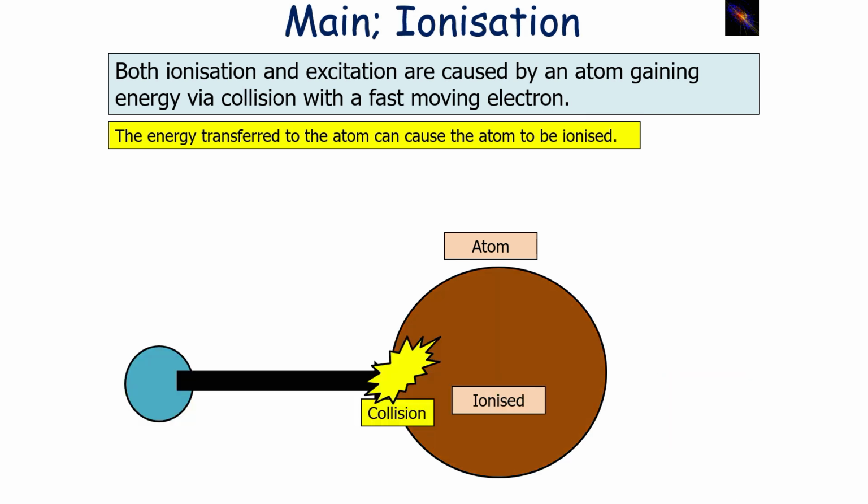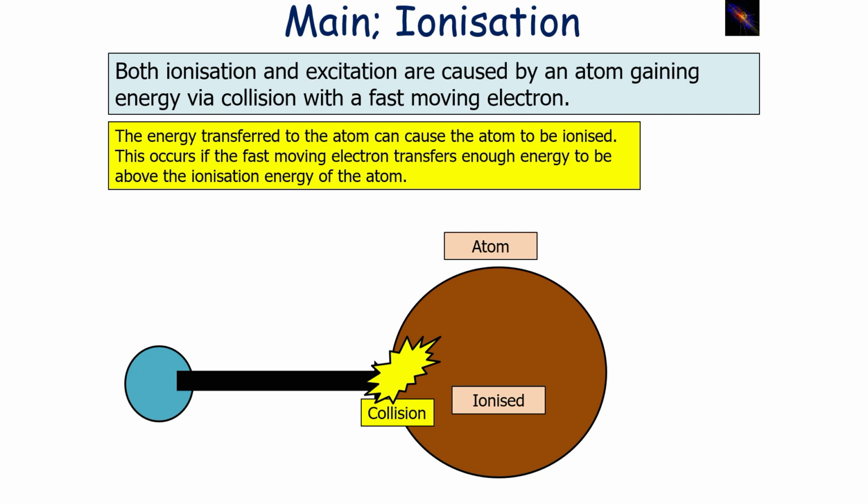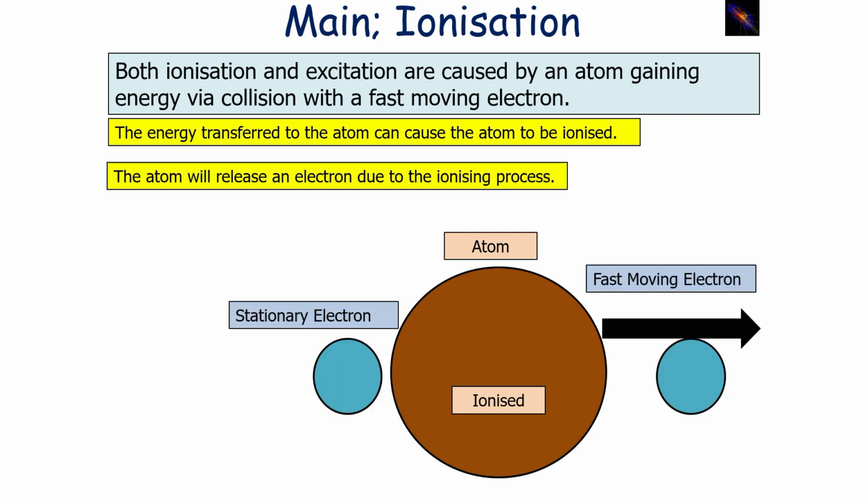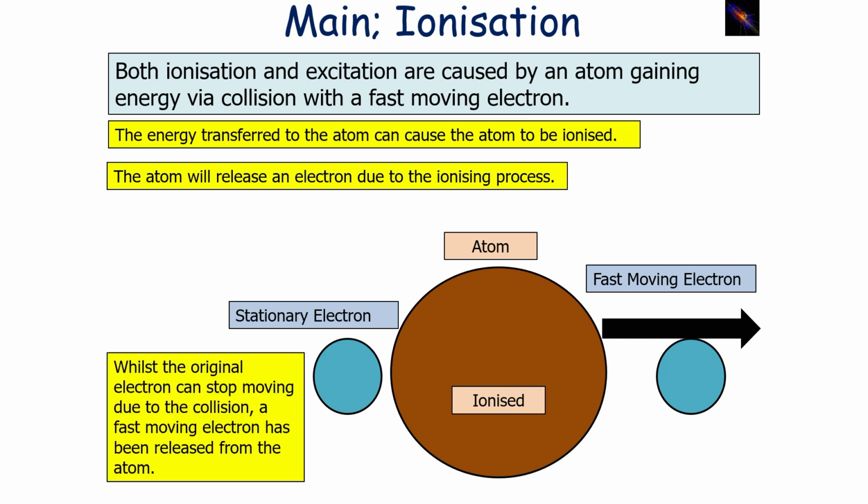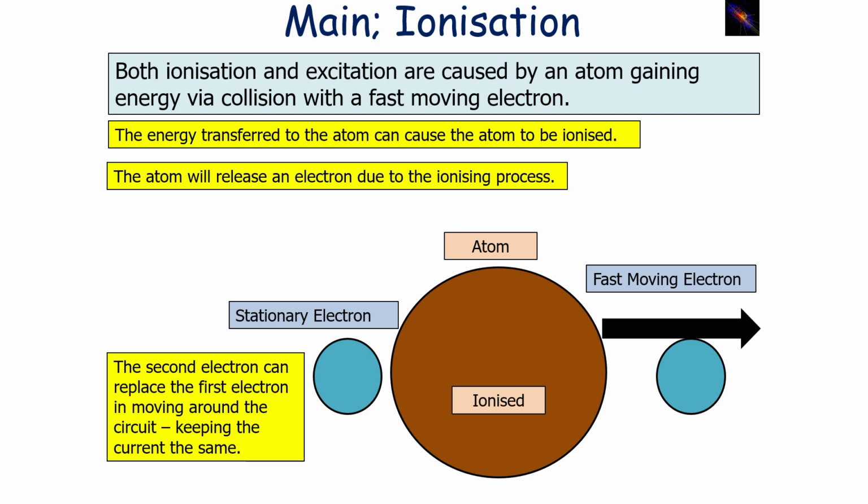Now, we can also have ionization in collision. Now, this occurs if the fast moving electron transfers enough energy so it moves above the ionization energy of the atom. So in this process, the atom will release an electron due to the ionizing process. So whilst the original electron can stop moving or slow down, another fast moving electron has been released from the atom to replace it. So therefore, the current will stay the same value.